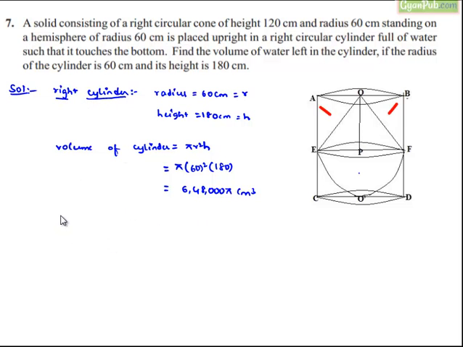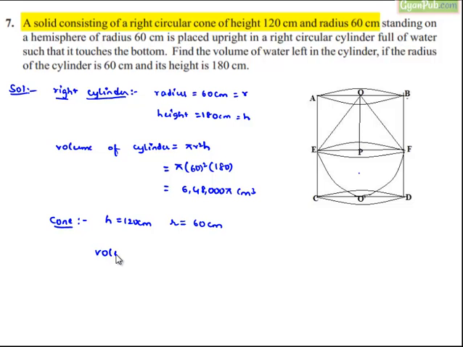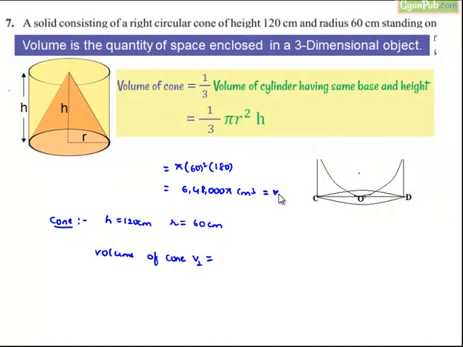Now we got the volume of right cylinder. We need to find the volume of cone. So for the cone, the details given are height h is equal to 120 centimeters and the radius is equal to 60 centimeters. Now the volume of cone, let this be V2, and initially we found the cylinder, let it be V1.